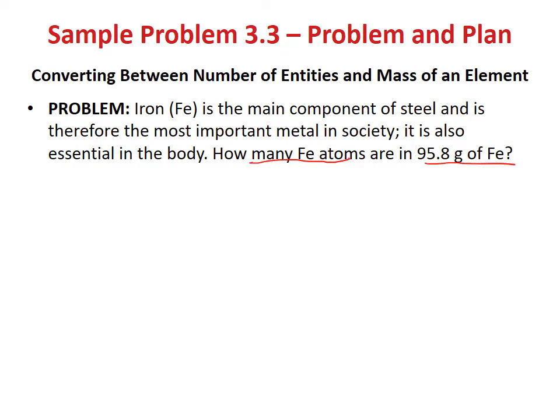We're converting grams to the number of entities. And there's no direct connection between grams and number of entities. But we can convert grams to moles, so we have molar mass to convert between these two. And then we also can convert moles to number of entities using Avogadro's number.